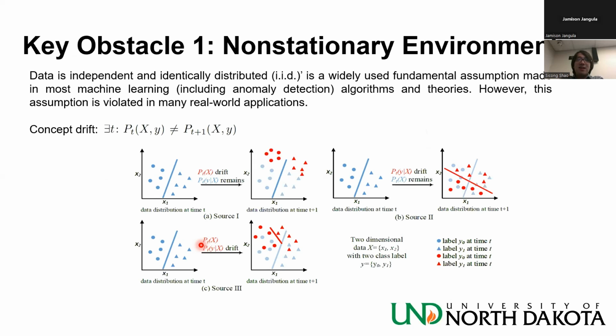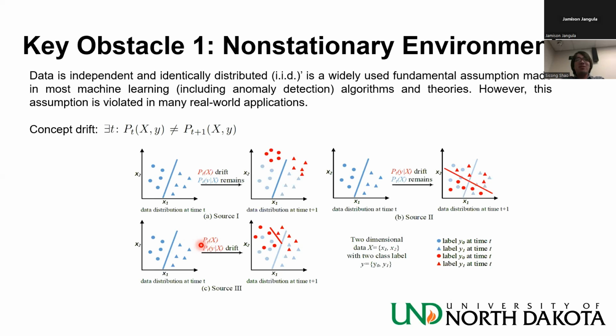However, this assumption is always violated in many real-world applications, which results in detection performance that is far from optimal or even reliable. And the most important reason why the IID assumption fails is concept drift. Your distribution changes over time.